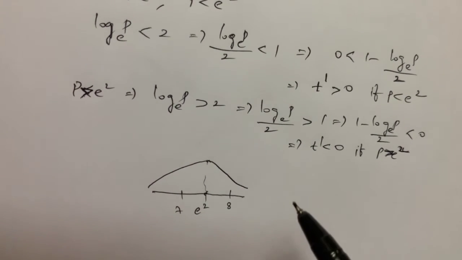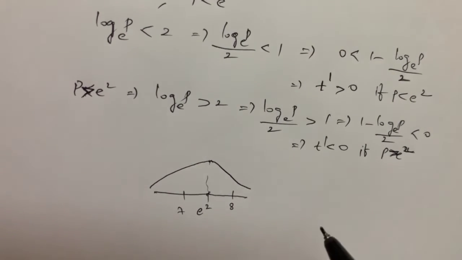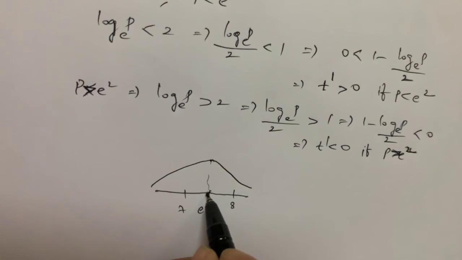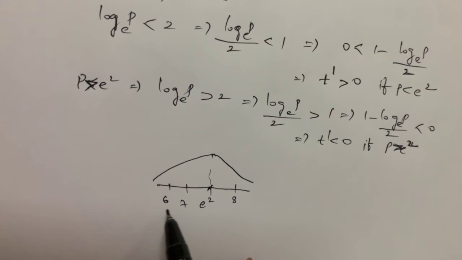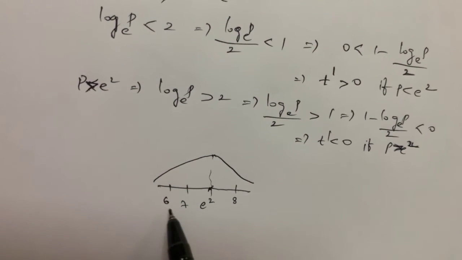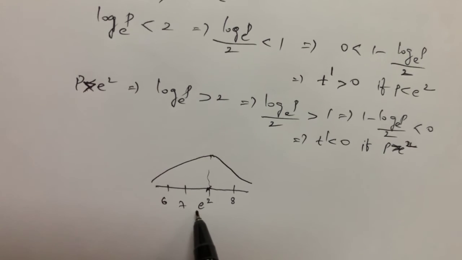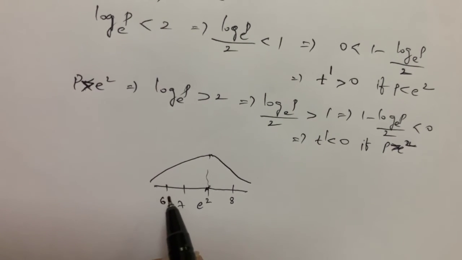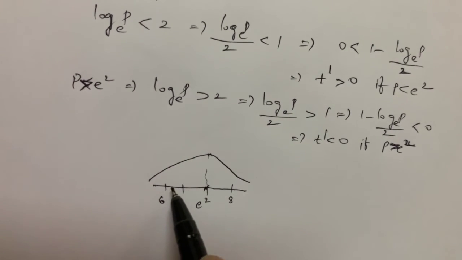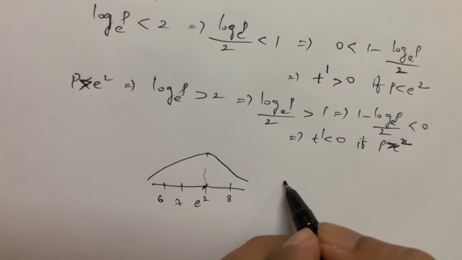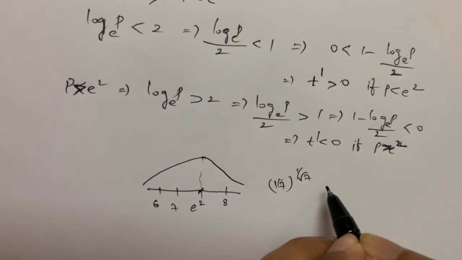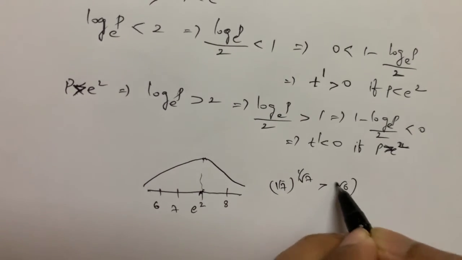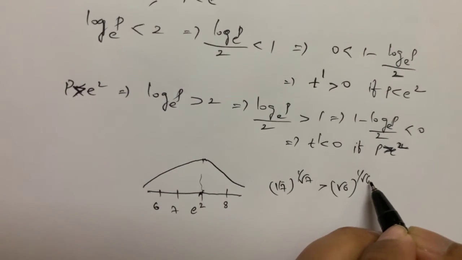So 6 and 7 are to the left of that. So the value at 7 is greater than the value at 6. So root 7 power 1 by root 7 is greater than root 6 power 1 by root 6.